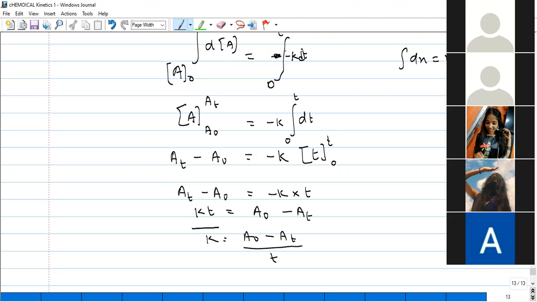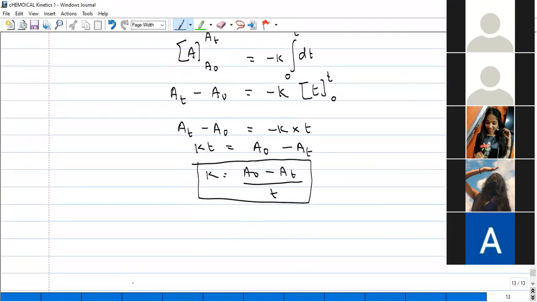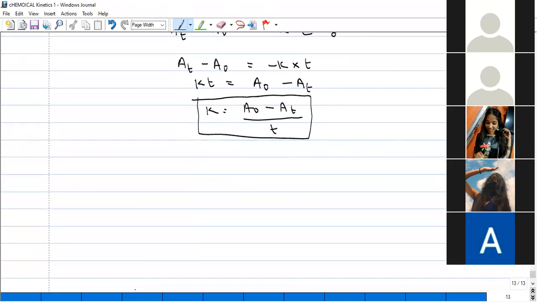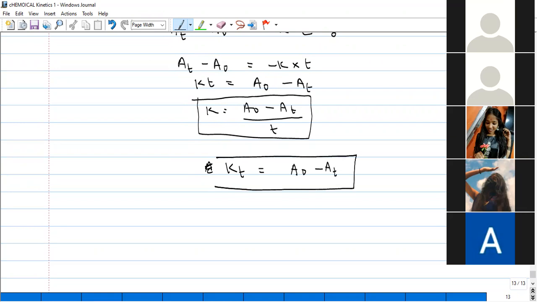This is the integrated rate law equation for the zero order reaction: kt is equal to A0 minus At.